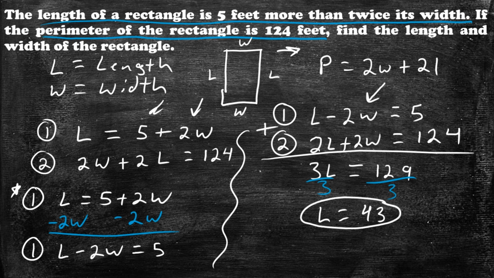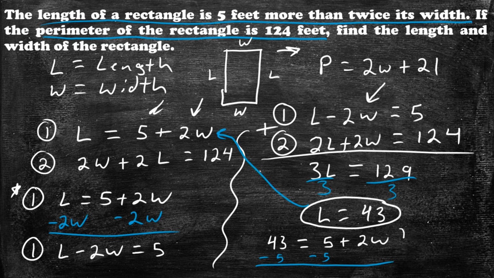Now what we need to do is find the width. So I'm going to plug that into any one of these equations. I'm going to plug this into equation number 1 here. And when we do that, we get L, which is 43, is equal to 5 plus 2w. Now we subtract 5 from both sides, and what we get here is 38.